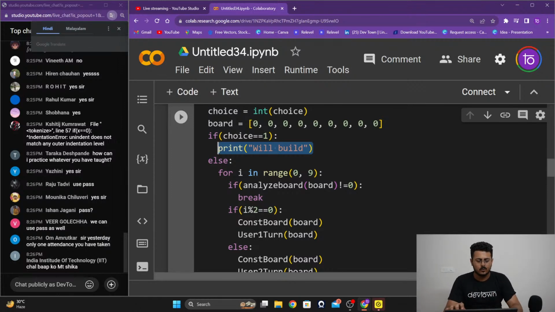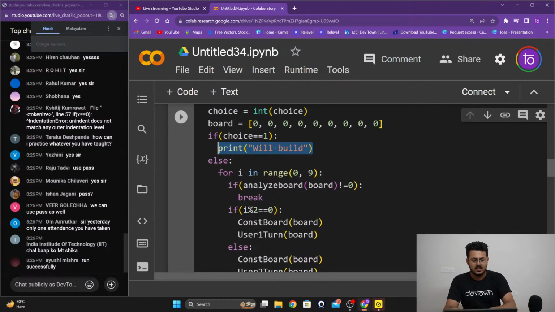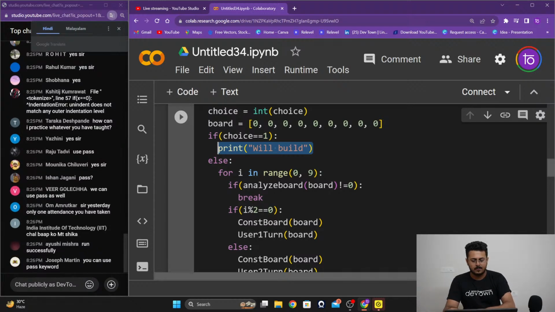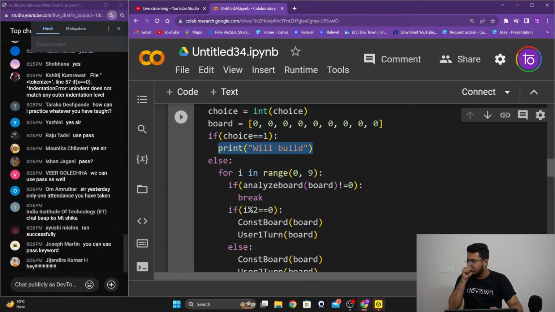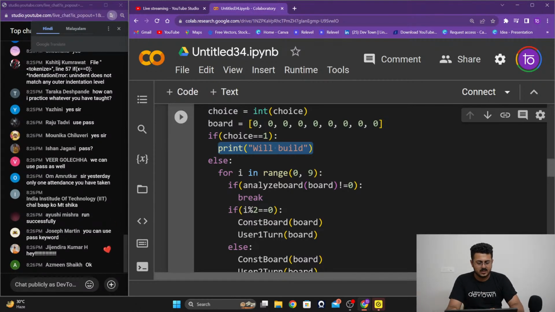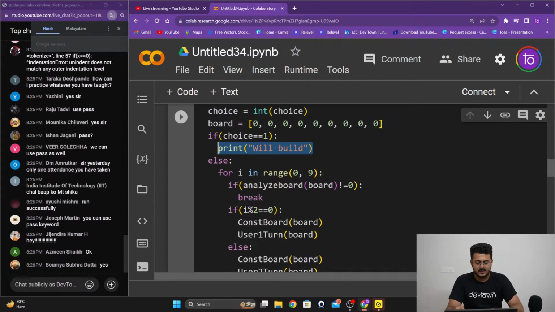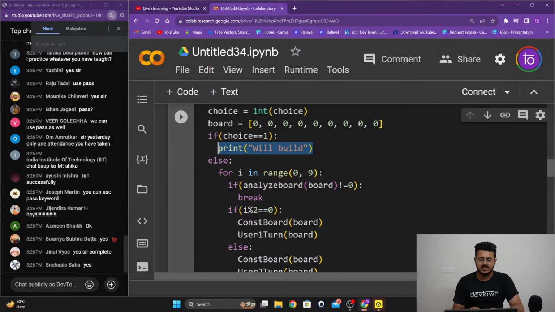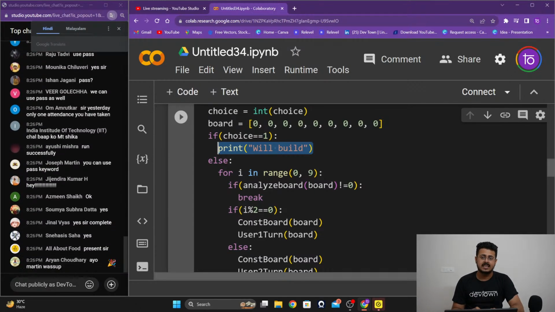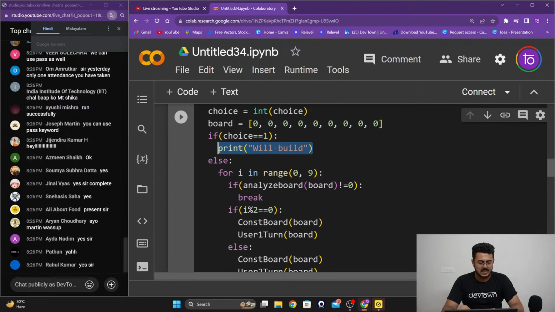If you were getting that indentation error, your code will start working properly. Are you guys able to understand this? Please let me know. If you're getting that indentation error, just change this one line of code, and your code will start working absolutely fine.